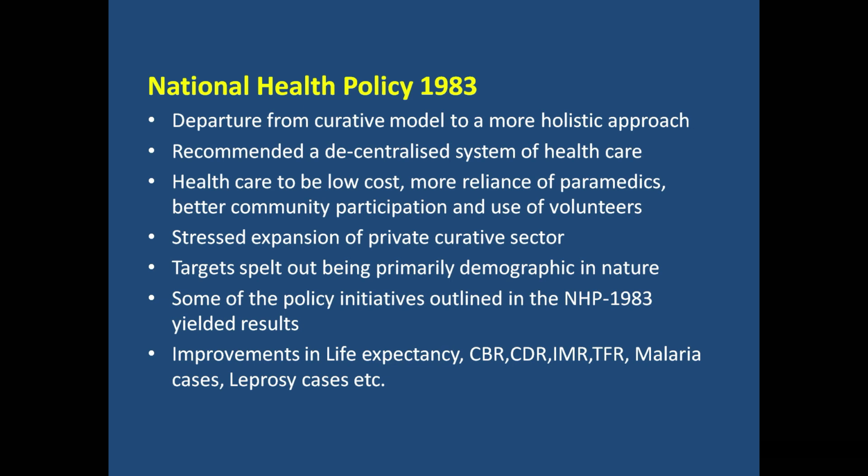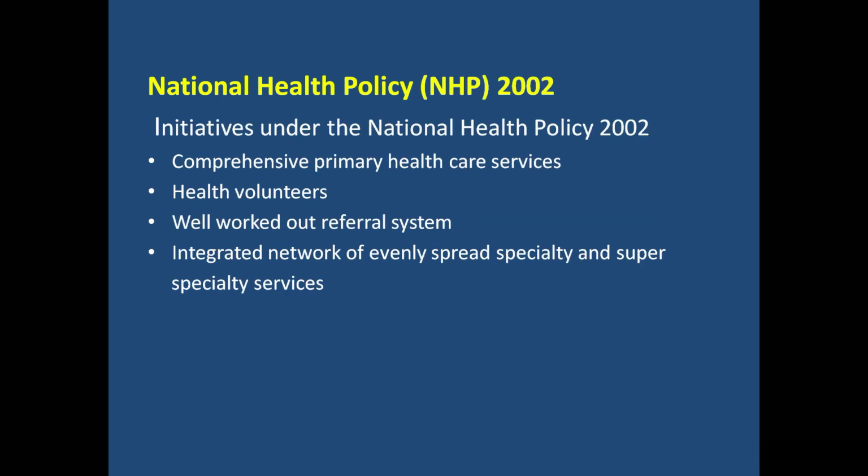Then we had a 2002 policy because some of the things that were formulated in the 1993 policy, what they wanted to achieve with most of these goals for primary healthcare, required a lot of investment, which they found was not realistic. There were some changes brought, even though there was still stress primarily on comprehensive primary healthcare.